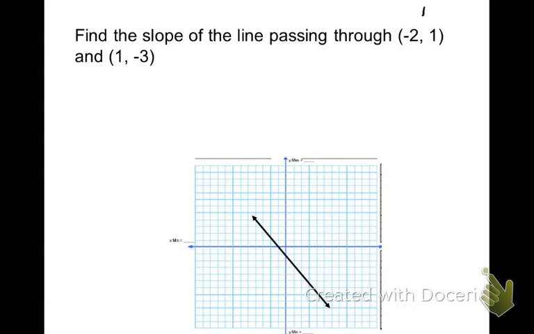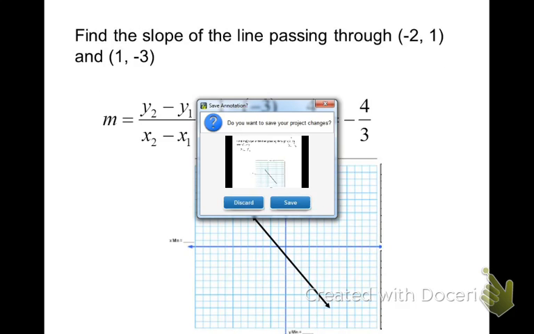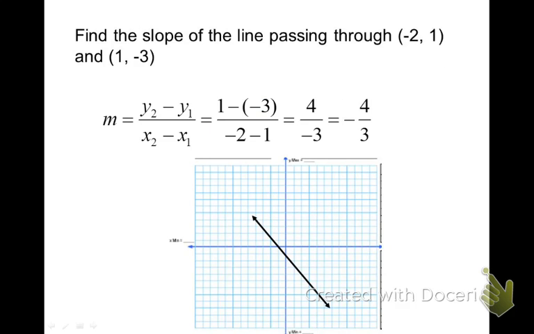I'd probably call this point 1 and this point 2, making the negative 2 the x value for point 1, the 1 the y value for point 1, the 1 down here the x value for point 2, and the negative 3 the y value for point 2. So at that point, I'm going to plug that into our equation, and our slope is going to be negative 4/3. So yes, the negative 4/3 slope is going to go down to the right.